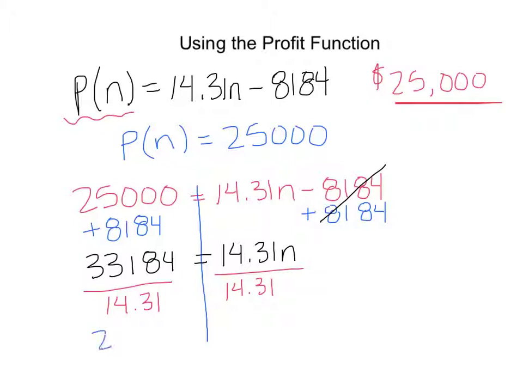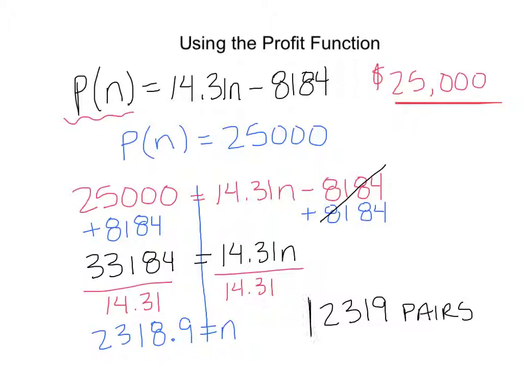So it looks like we're going to need 2,318.9 pairs of jeans. Of course, you're not really going to sell 0.9 pairs of jeans. Nobody needs just 0.9 pairs, and you're not going to make them either. So if we need our profit to be at least $25,000, we're going to have to round up in this case. So the number of pairs of jeans that we're going to need to make is 2,319 pairs.